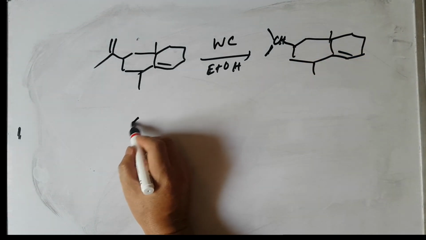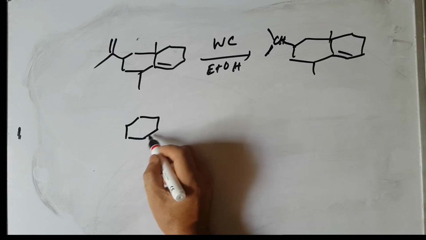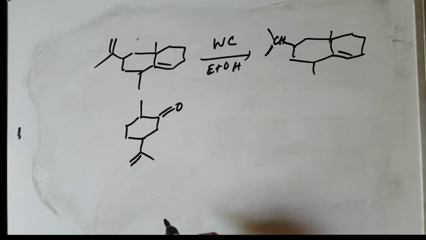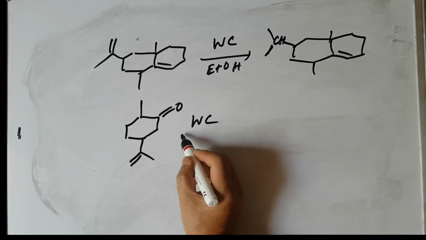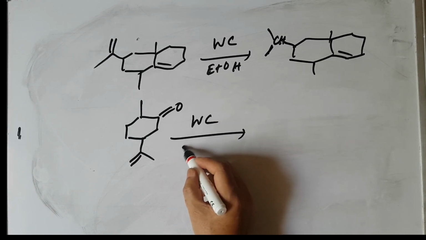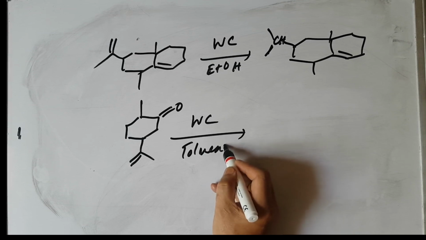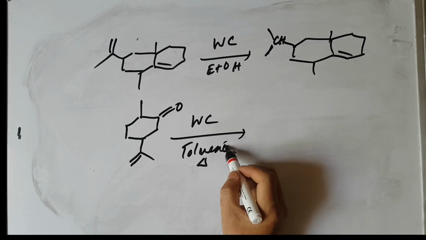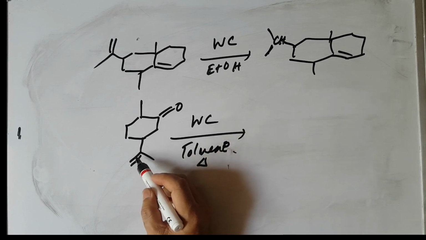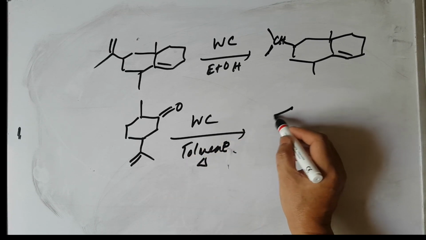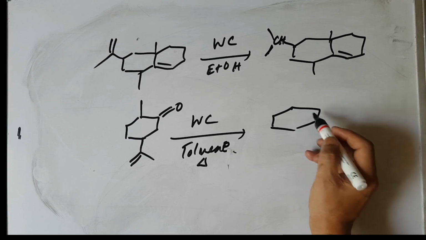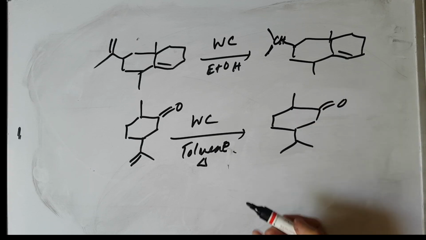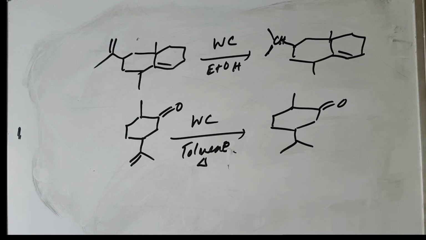Another example: these are all natural products, with toluene or xylene at reflux. This internal one stays, the external one is reduced this way, and you can get CH3 like this. These are the examples I'm giving.